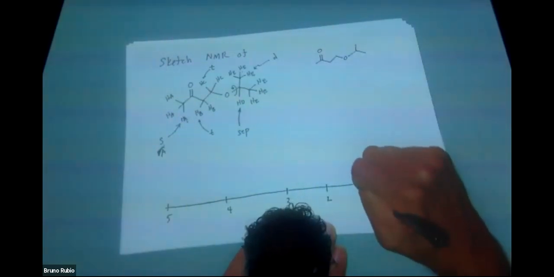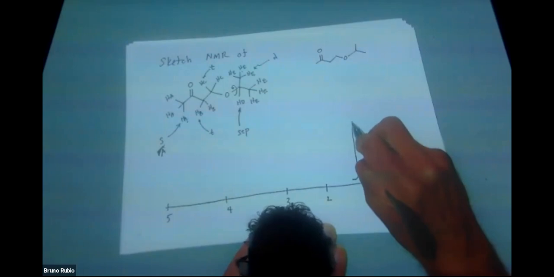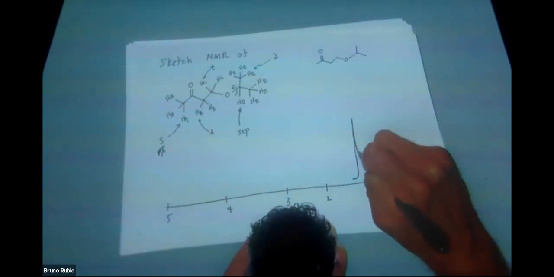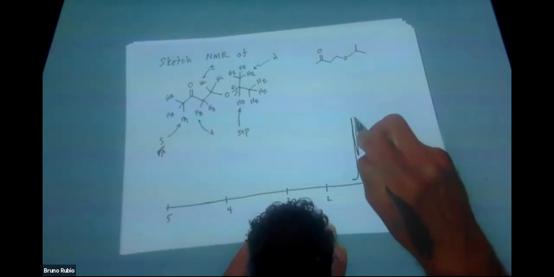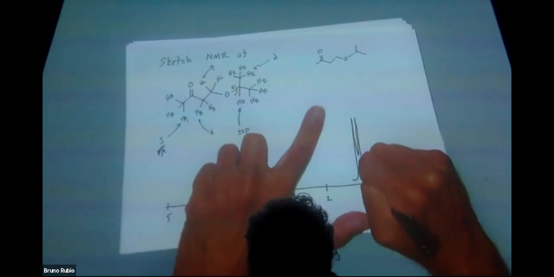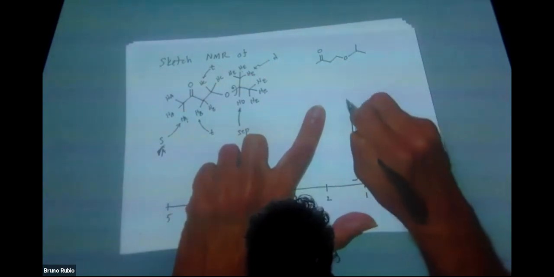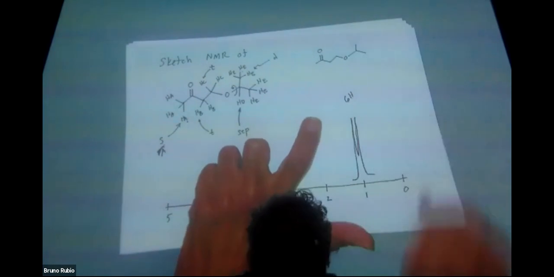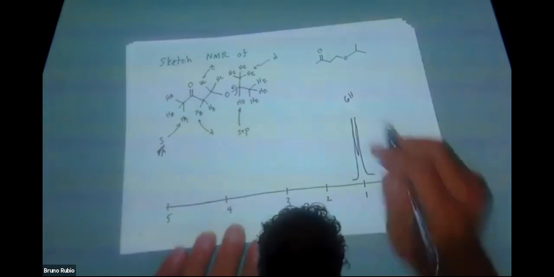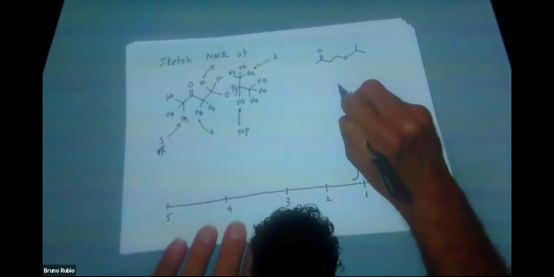So I'm going to put that doublet, and that doublet is 6 hydrogens. It's going to be a huge, huge doublet here at about 1 ppm. It's a 6 hydrogen doublet, right? That's going to be the HE.